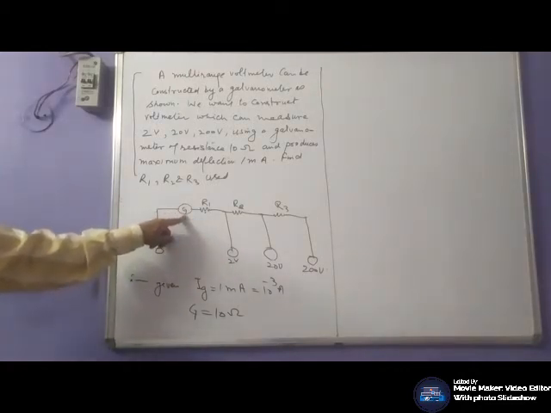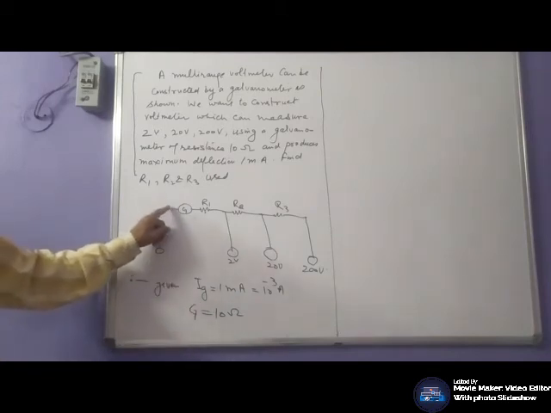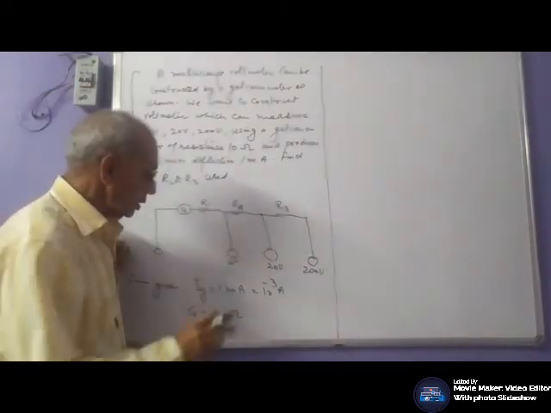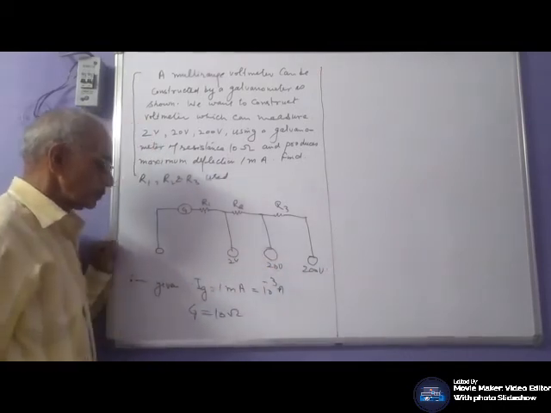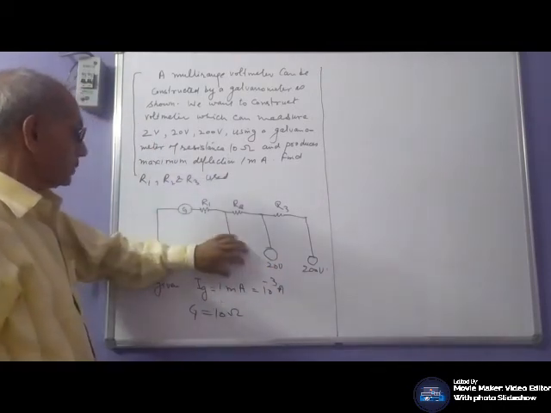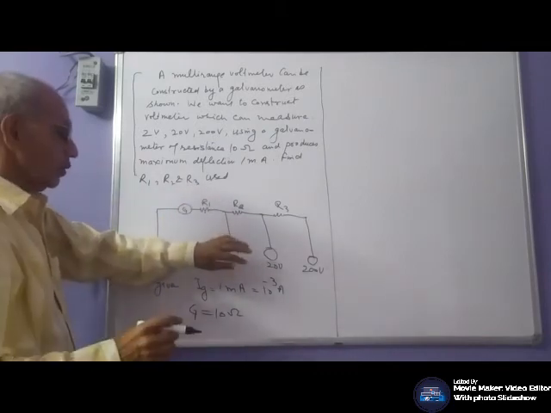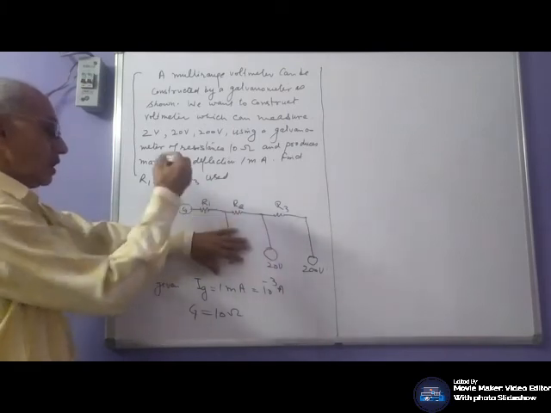Resistance given is 10 ohm. Current given through this galvanometer is 1 milliampere. We want to construct a voltmeter to read this voltage, this voltage, this voltage. For this voltage, this is the high resistance connected. For this voltage, this will be high resistance connected.